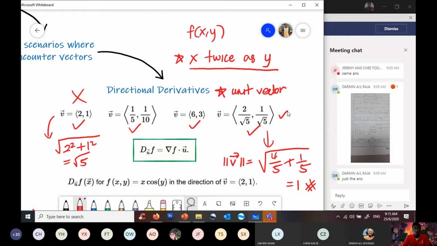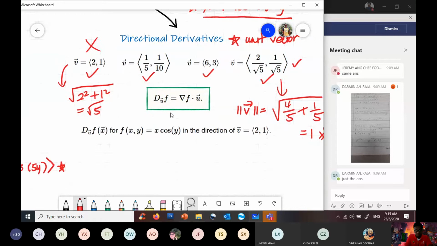Now, I've already chosen the unit vector, but for what? I am choosing the unit vector to put inside this formula. This is the formula to find the directional derivative, which is just another fancy way of saying the derivative in the direction of the unit vector.